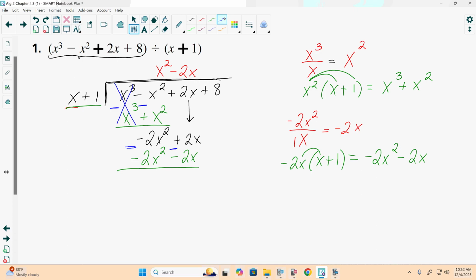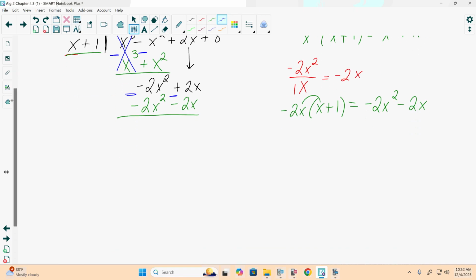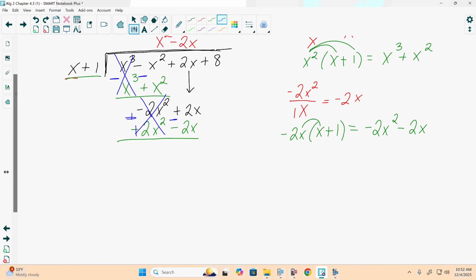Negative 2x squared minus negative 2x squared. Negative 2 minus negative 2. Well, the negative and negative make a positive, so we're saying negative 2x squared plus 2x squared. Negative 2 plus 2 is 0. Our next part that we have is 2x minus negative 2x. And again, the negative negative makes a plus, so 2x plus 2x is 4x.